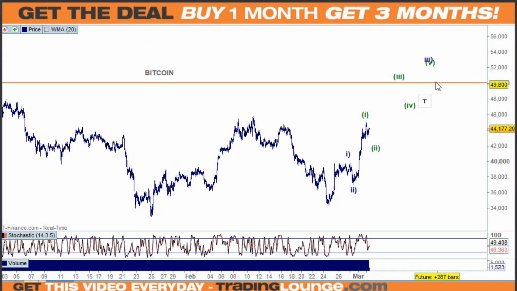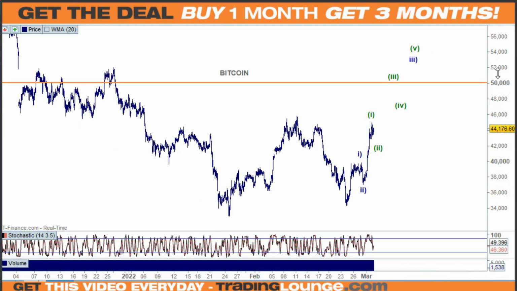And of course the 50,000 is the balance line within the whole correction that's been going on for ages. So getting support on the balance line will also be a bullish move. So it looks like we're in a bullish move here.